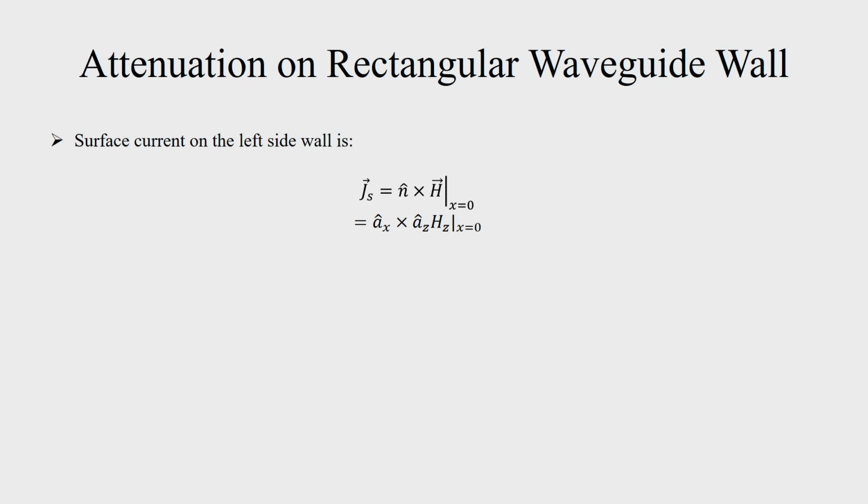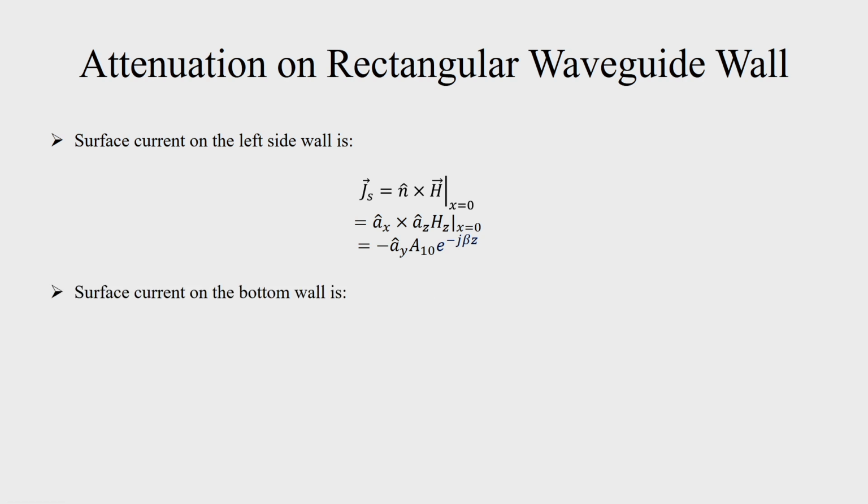So, on the x equal to 0 wall we have only Hz, and the unit normal vector to this wall is ax, and therefore we can write the induced surface current as minus ay A10 e to the power minus j beta z.